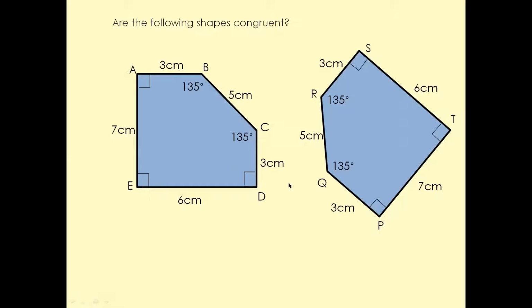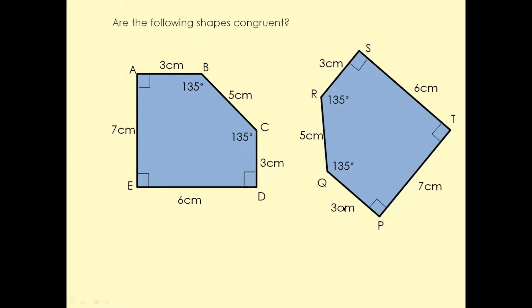So in this case, you've got 6 centimeters here, and you've got 6 centimeters here. You've got 7 centimeters here, 7 centimeters here. That means they are corresponding sides. 5 centimeters here, 5 centimeters here, again corresponding sides. And then you've got 3 centimeters here and 3 centimeters here.